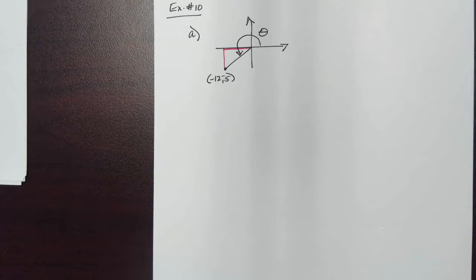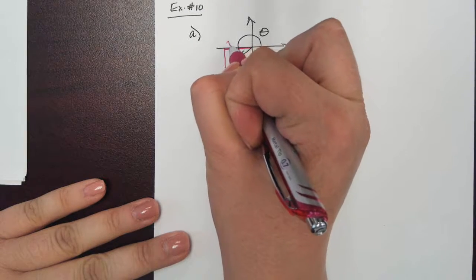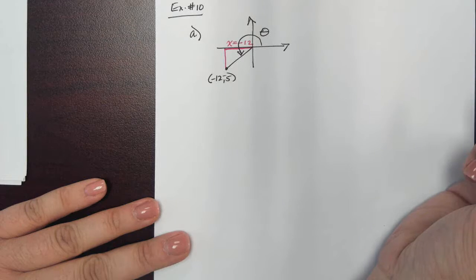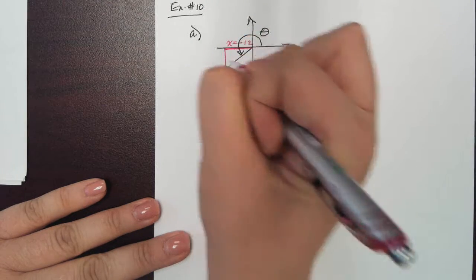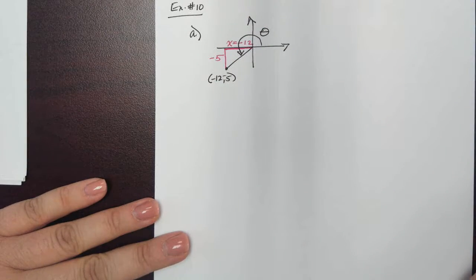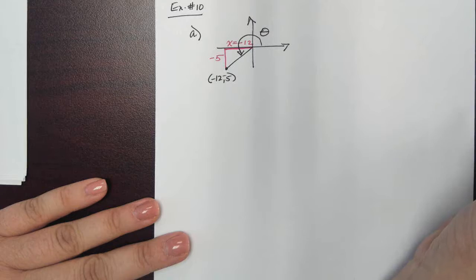So x equals negative 12 and y is negative 5. The hypotenuse, the radius, will always be positive. 5, 12, 13 is the Pythagorean triple.